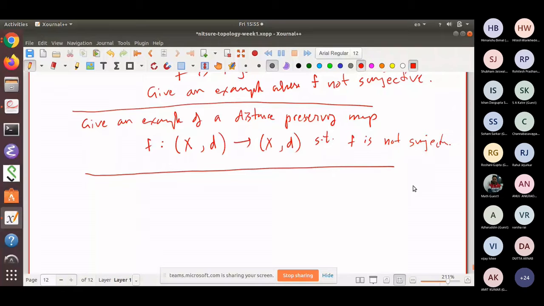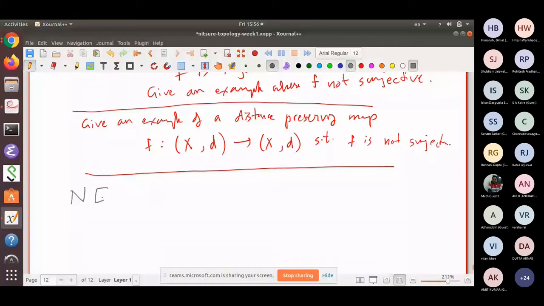Now I'm going to introduce a second category. The second category is Met non-expanding. Objects are metric spaces.